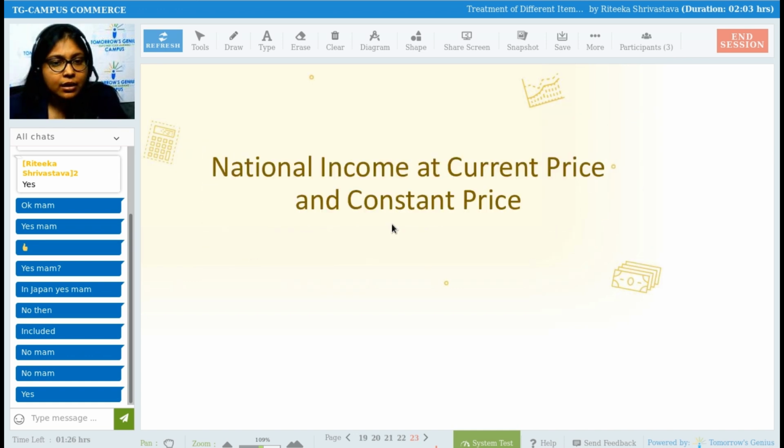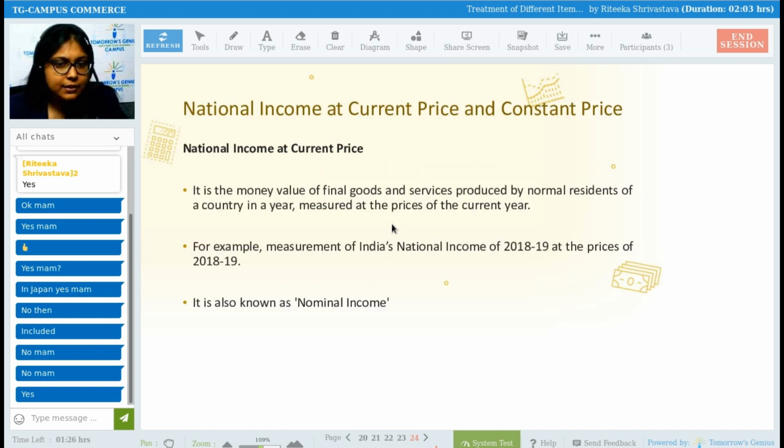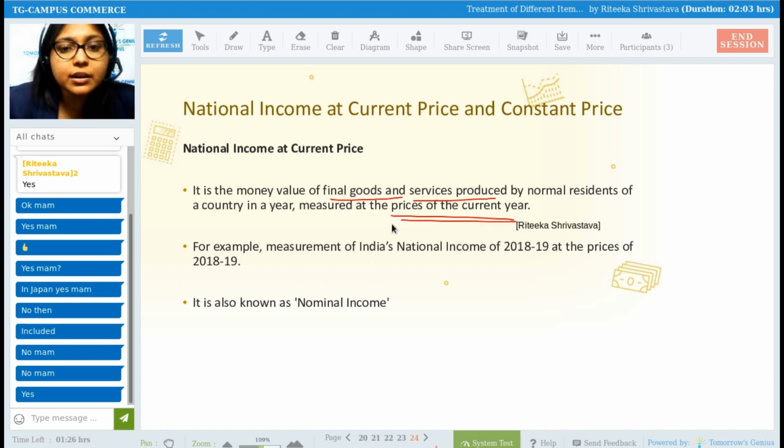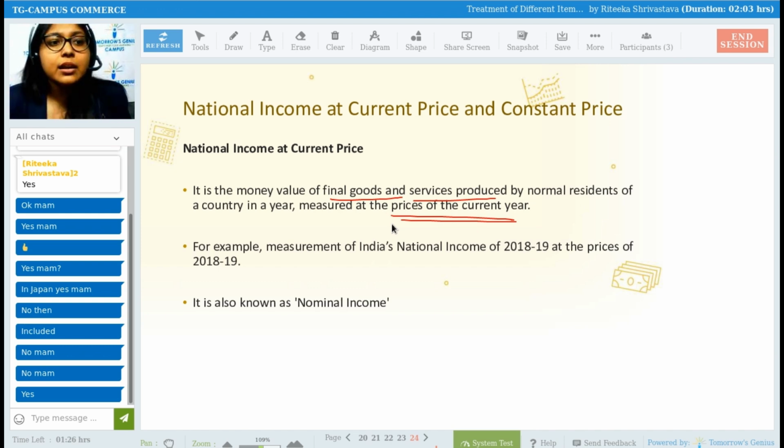So, in the same way, now, what is national income at current price and constant price? National income is the money value of final goods and services produced by a normal resident of a country in a year measured at the prices of the current year. With the name itself, try to understand.